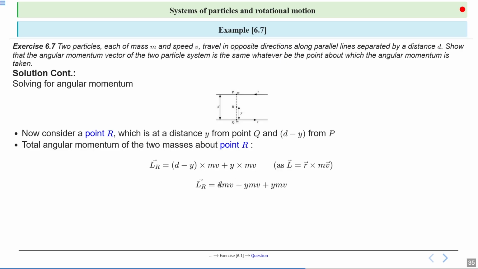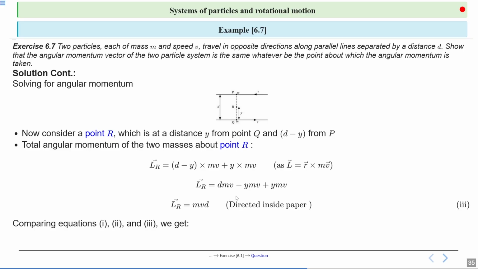So LR equals d mv minus y mv plus y mv. Solving this expression, LR is m v d, and the direction is inside the paper. Now comparing equations first, second and third, we get Lp equal to LQ equal to LR equal to L.